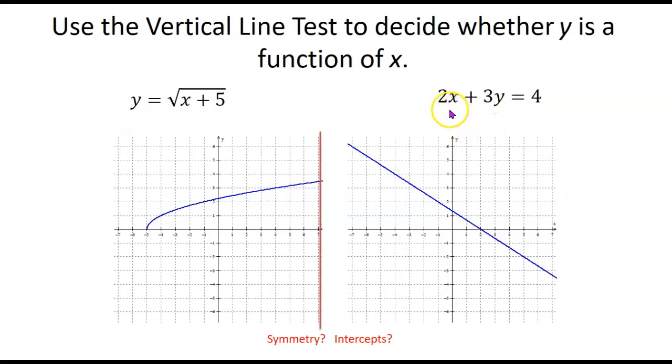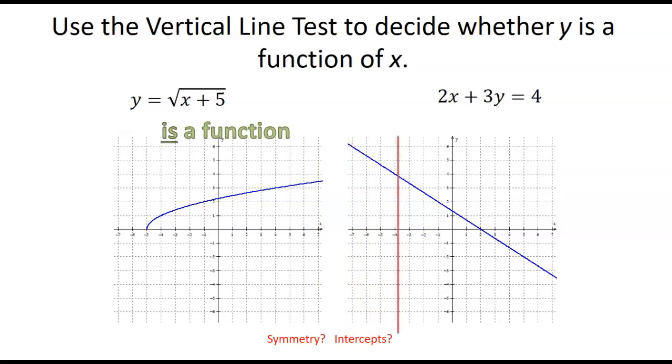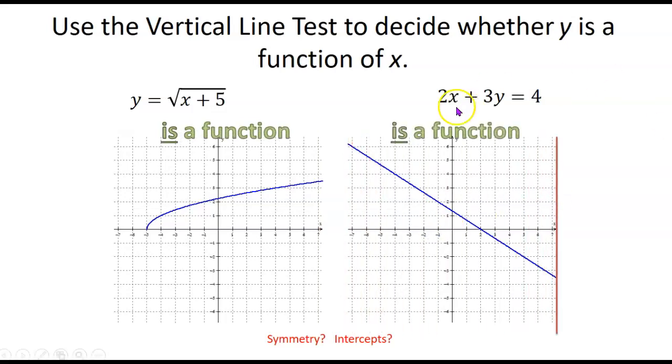What about 2x plus 3y equals 4? Does that pass the vertical line test for being a function? Yes. So that one is a function. It's not written in the form of a function, but we could solve that equation for y, and then it would have y as a function of x. So it does count as a function.